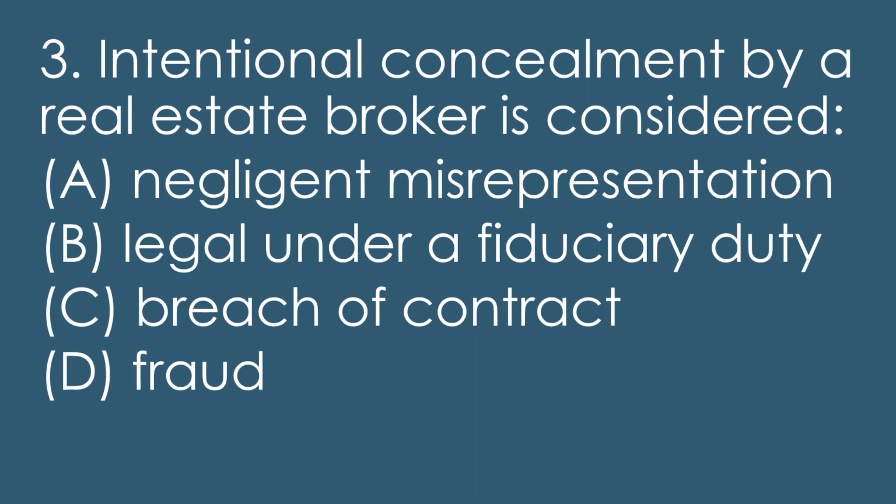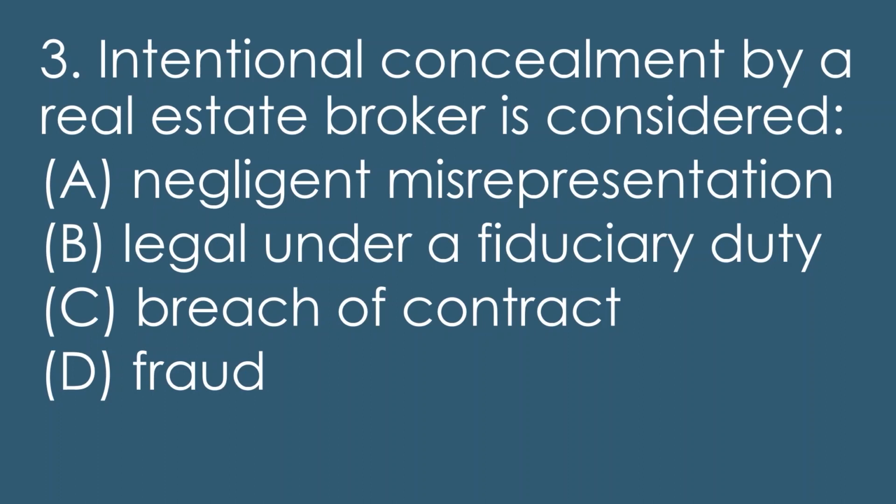3, intentional concealment by a real estate broker is considered A, negligent misrepresentation, B, legal under a fiduciary duty, C, breach of contract, D, fraud. So intentional concealment, you should automatically be thinking of misrepresentation. Now, what type of misrepresentation? Is it intentional or negligent? Well, it's in the question here.